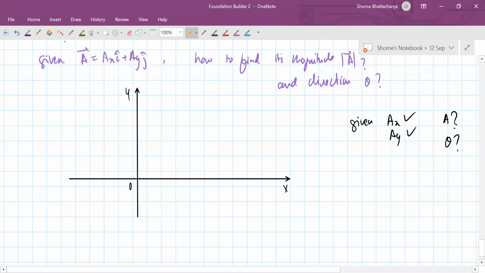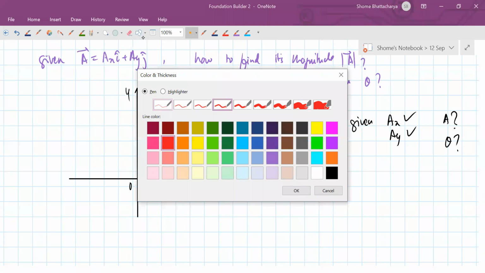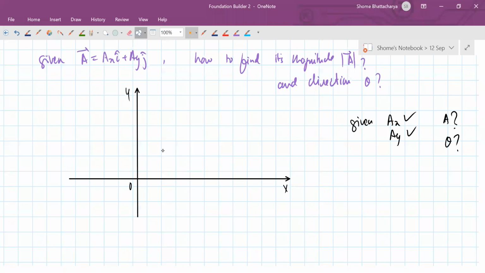Generally speaking, ax, assuming it to be a positive quantity, suppose, so ax i cap is like this, and ay j cap is like this.